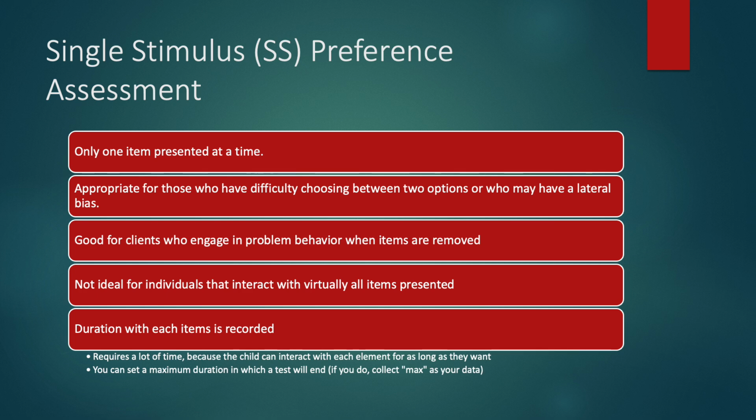So when you do have these types of situations, a single stimulus preference assessment where we just track the duration of how long a person spends engaging with the item might be a better option. This is also a really good preference assessment for people that have side biases or lateral biases.